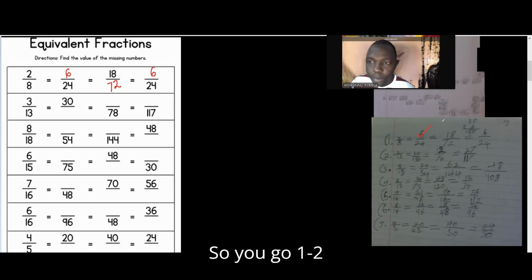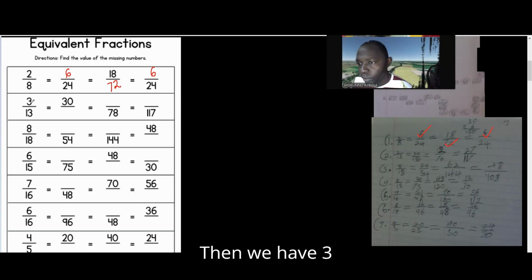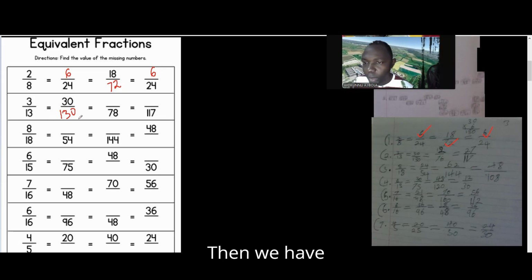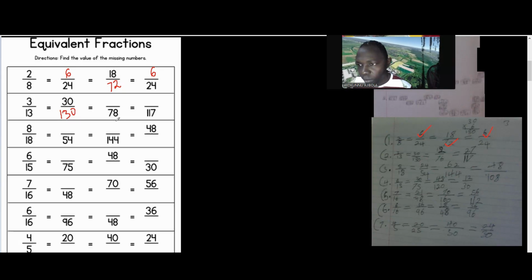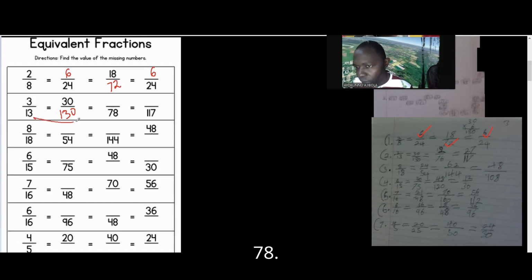Then we have 3 times 10 will give us 30, then 13 times 10. Then 13 times 6 will give us 78.